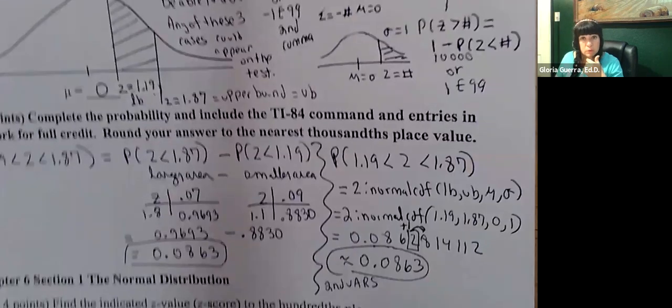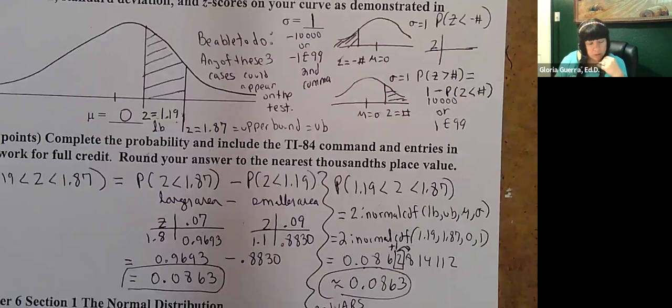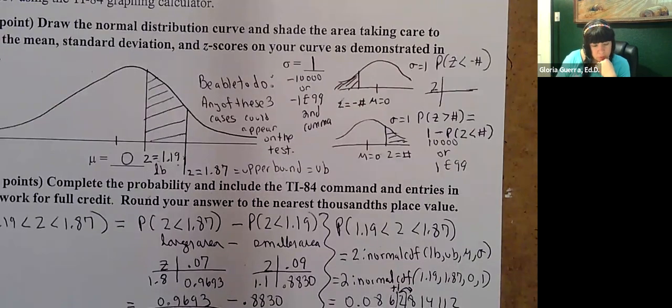Okay, the bottom says: find the indicated z-value, the z-score to the hundredths place, when using the standard normal probabilities table that corresponds to the given area in the figure, not drawn to scale.